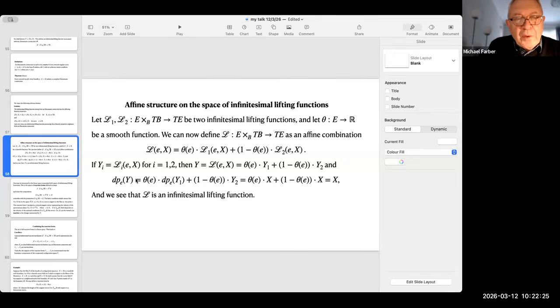No questions. Okay. So, what is the structure of the space of infinitesimal lifting functions? Well, I mean, it's not a linear space. It is a kind of affine space. If you have a function theta, you can make a kind of convex combination or affine combination of two infinitesimal lifting functions.